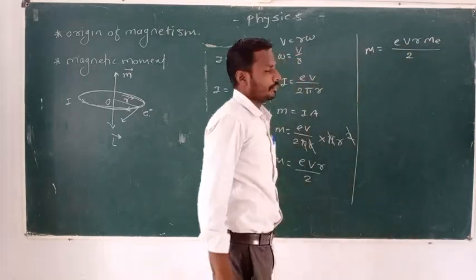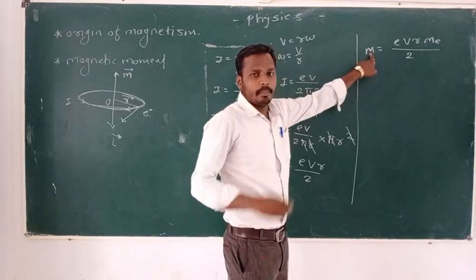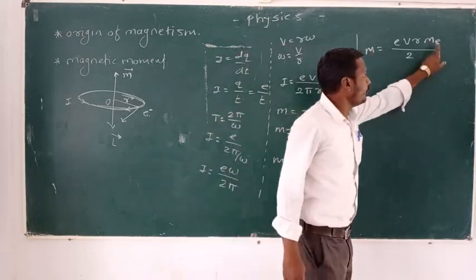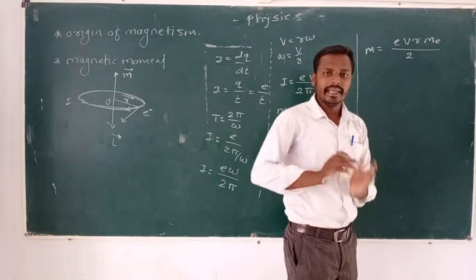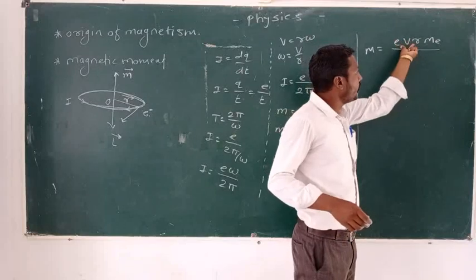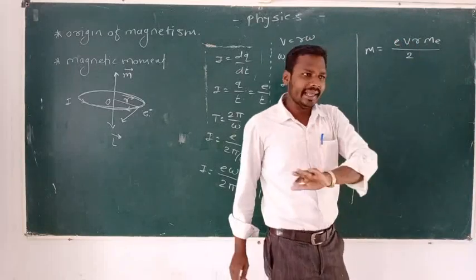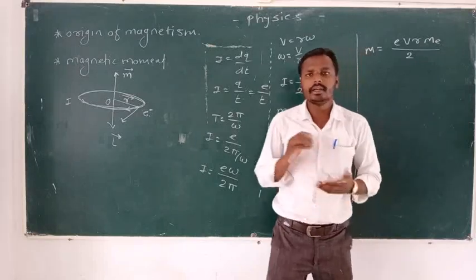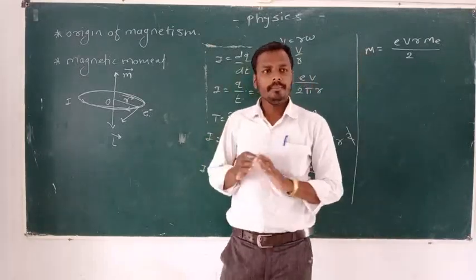Listen, this M is for magnetic dipole moment, this me is for mass of the electron, this e is for charge of the electron, this v is velocity of the electron, and r is the radius of that orbit in which electrons are revolving around the nucleus.